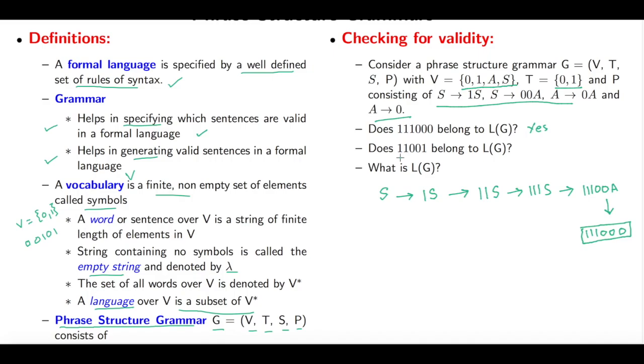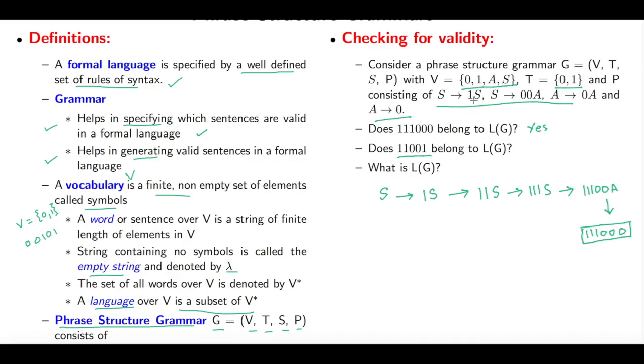So this means the answer of this question is yes. Okay. Now does 111001 belong to LG? So without going there, when do we stop? So we should always stop at 0 because this is the only terminal element which does not have any concatenation of a non-terminal element. Note that this is the right hand side 1S. So 1S we have to move.